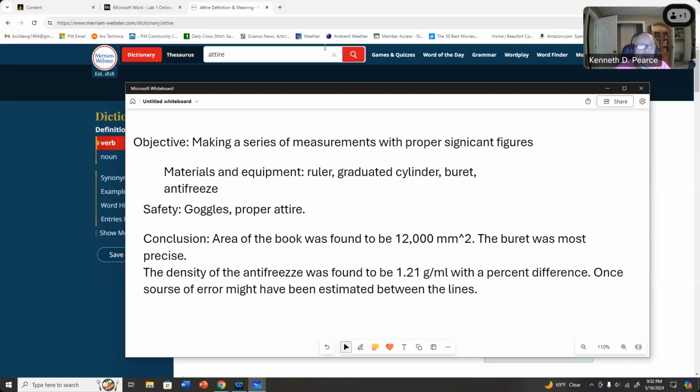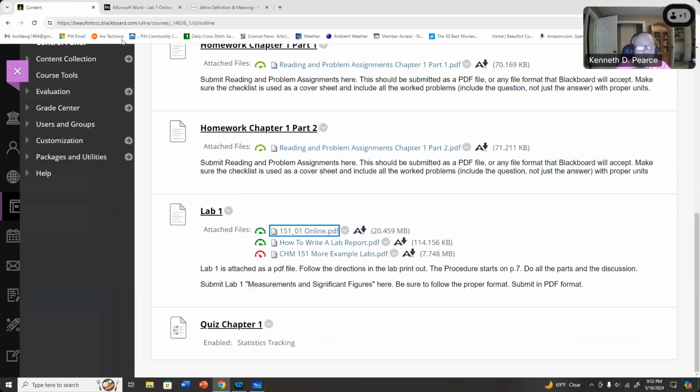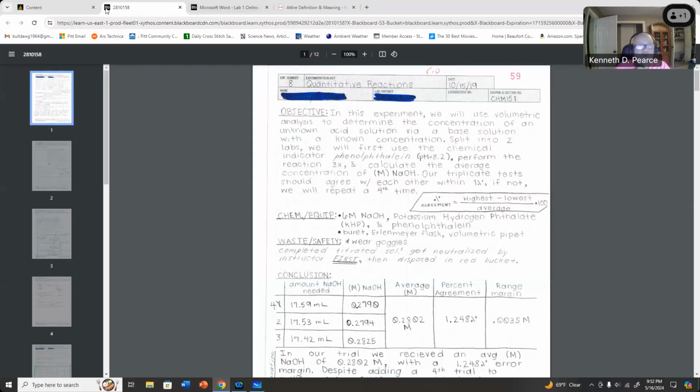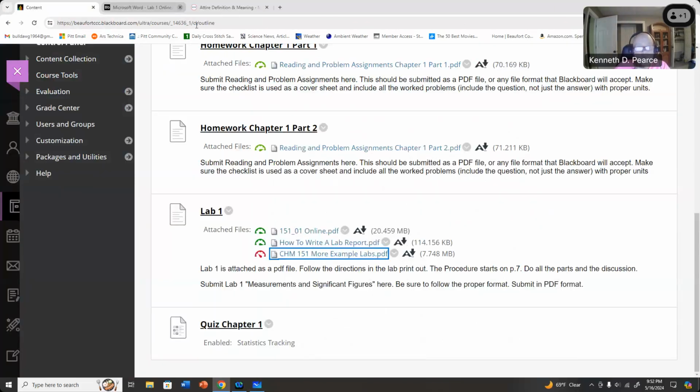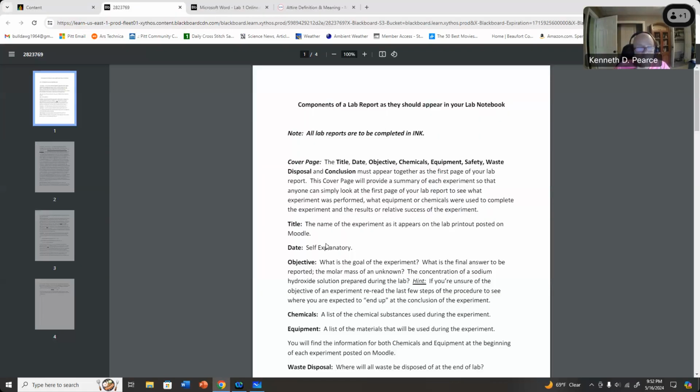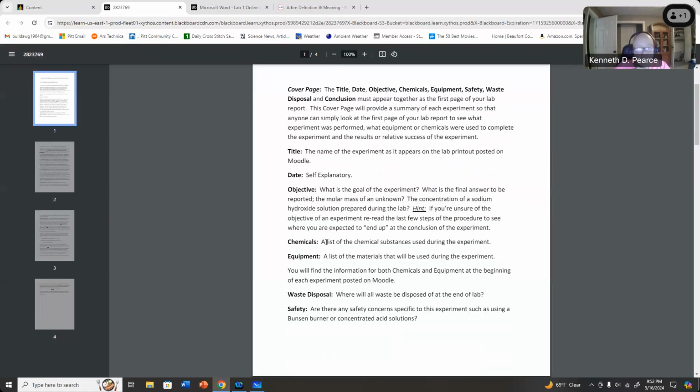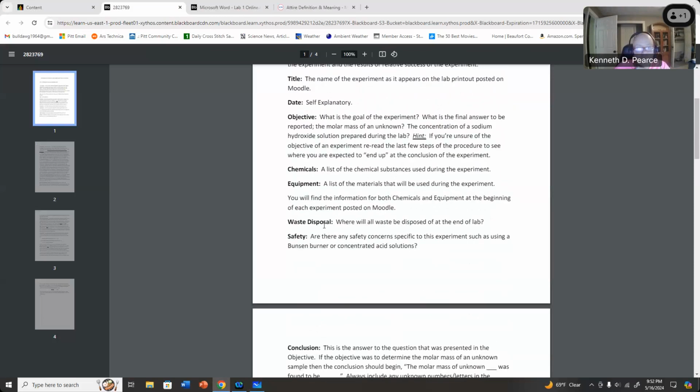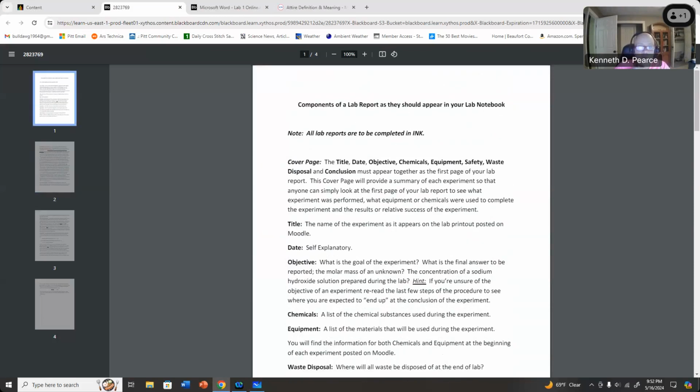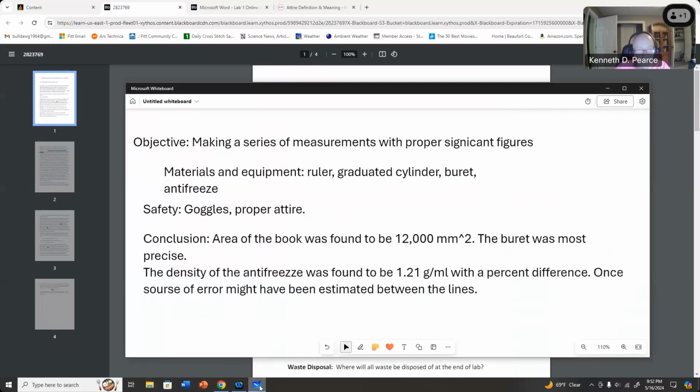Okay, and let me make sure that I'm pulling up everything here. That's an example. That's not what I wanted. Here we go. And we got title, we got the date, we got the objectives, chemicals, equipment. Oh, waste disposal. Yep, we got to put waste disposal in there. Here we go.